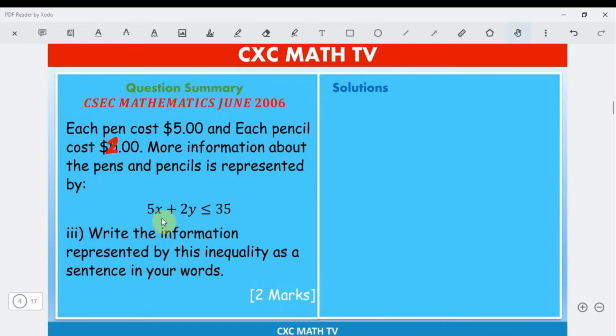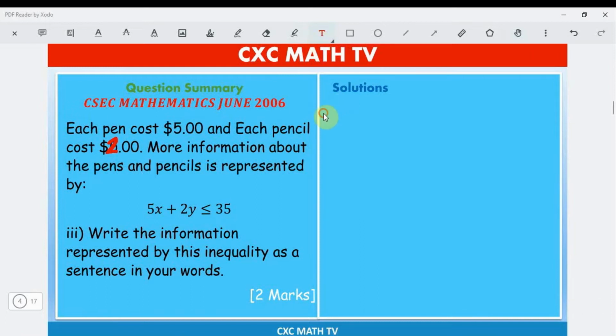So now notice what this says. 5 times x, 2 times y, less than or equal to 35. Remember that the 5 corresponds to the pen, so this is just the cost of the pen. So they're telling us that the sum of money that you pay for the pens plus the sum of money that you pay for the pencils is less than or equal to 35.